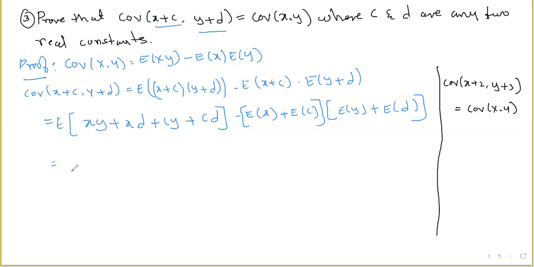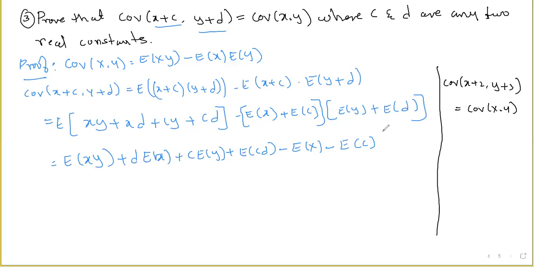So now here apply the expectation inside, expected value of xy plus d into expected value of x plus c into expected value of y plus expected value of c into d. Now minus expected value of x plus expected value of c, right? And here it is multiplication, right?